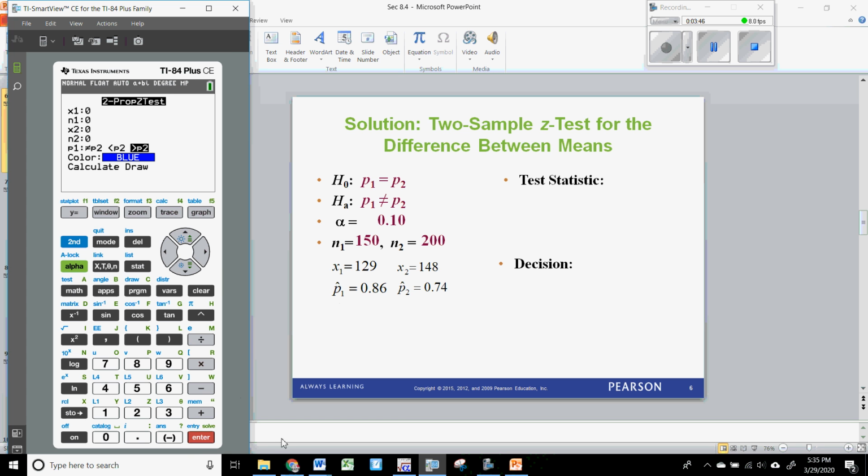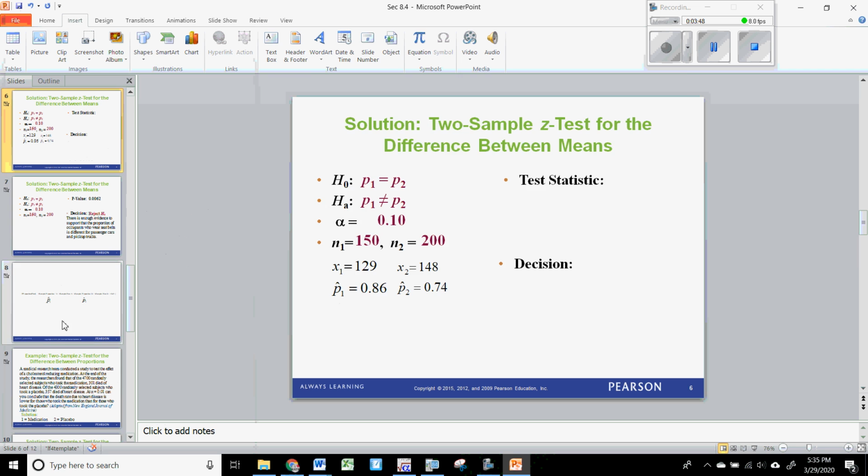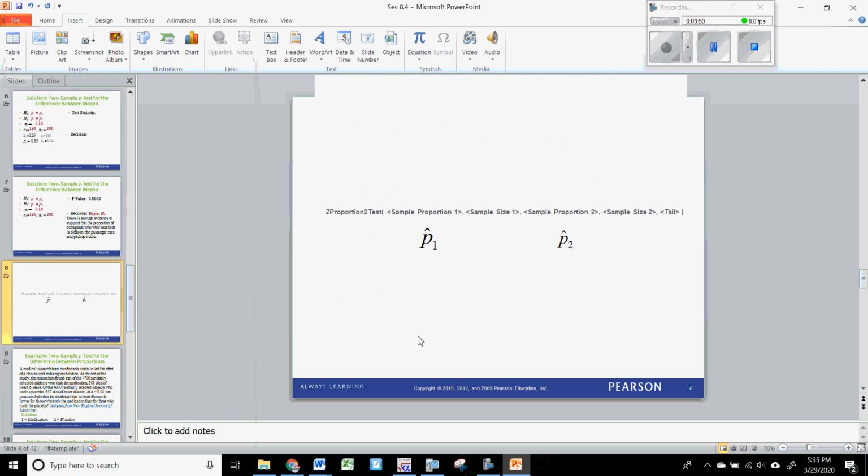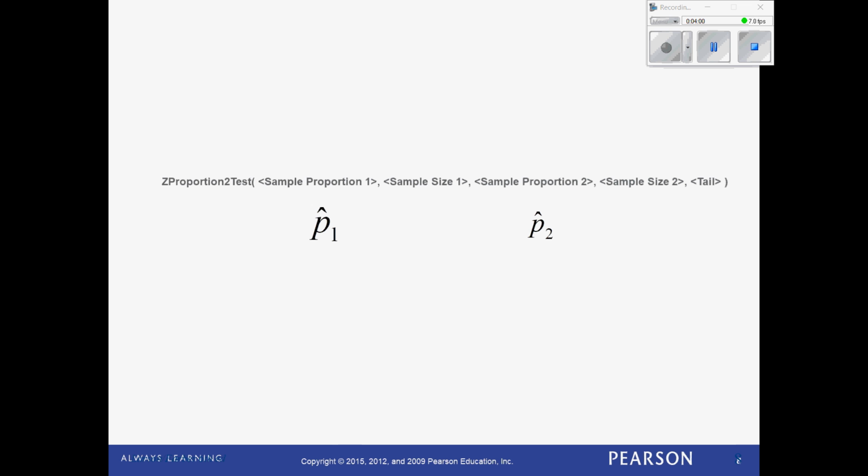The calculator doesn't care. However, those of you that are going to do this on GeoGebra, you remember when we looked at proportions previously, GeoGebra doesn't use our x1. It uses our sample proportion 1. So they use p hat 1. So sample size 1 is our n1, and then our sample proportion 2.